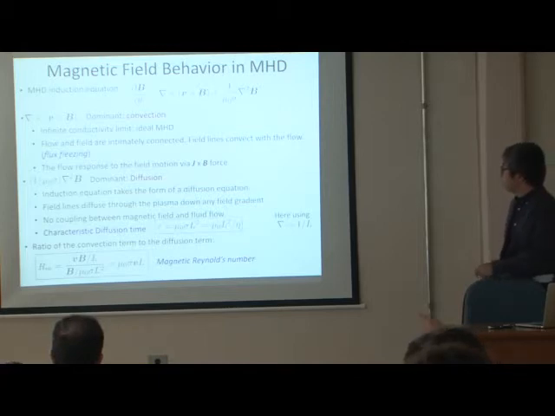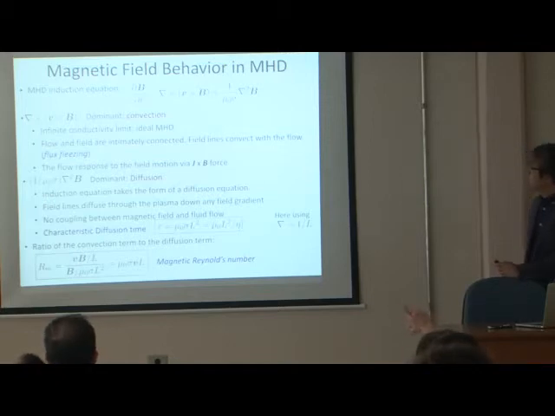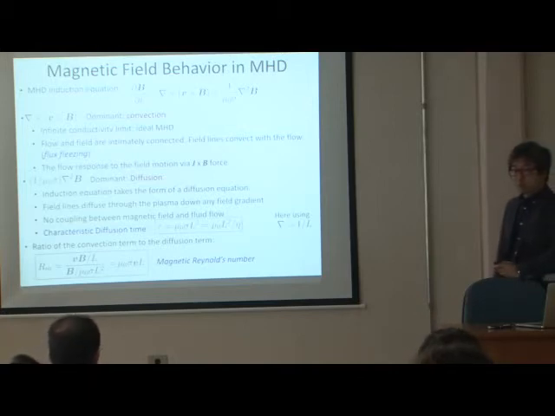So yes, here sigma to eta. The ratio between those two terms is this number, the magnetic Reynolds number. So if the numerator is much larger than the denominator, resistivity is not important at all.